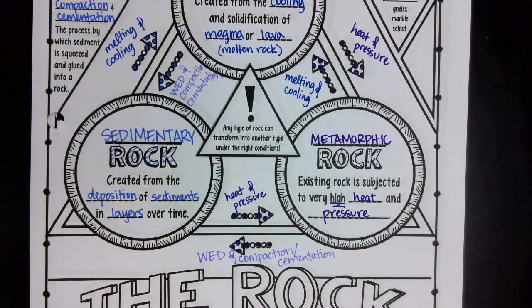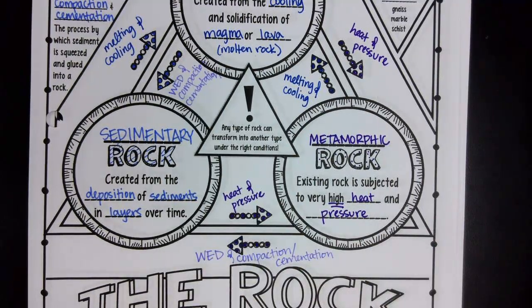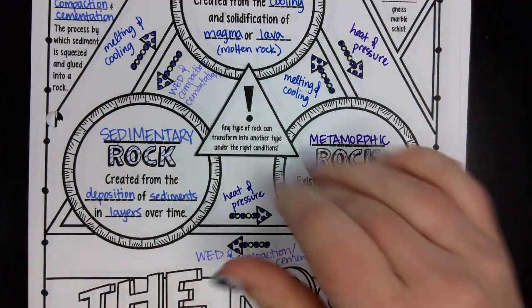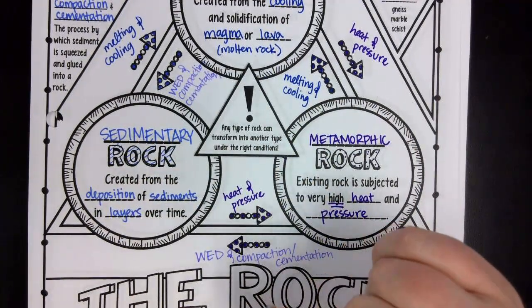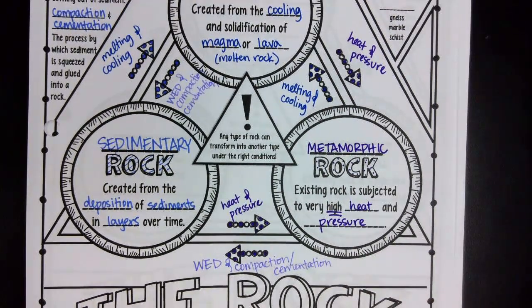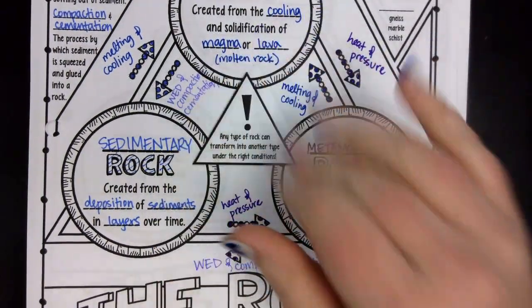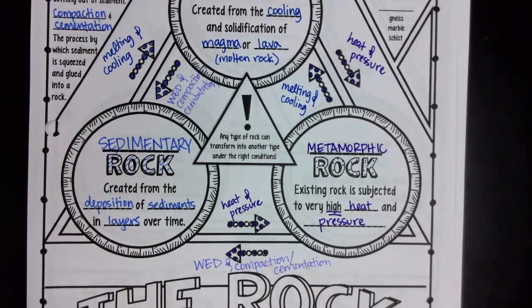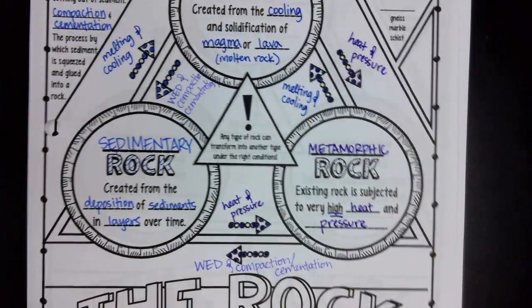Metamorphic rocks, we have some examples of metamorphic rocks which are formed from other metamorphic rocks. So if we have a metamorphic rock that goes through heat and pressure, it can become a new metamorphic rock. So lots and lots of kind of chaos with the rock cycle where we can go lots of different directions. We are going to talk more about that on Tuesday.